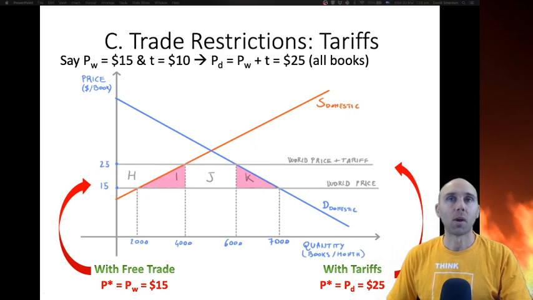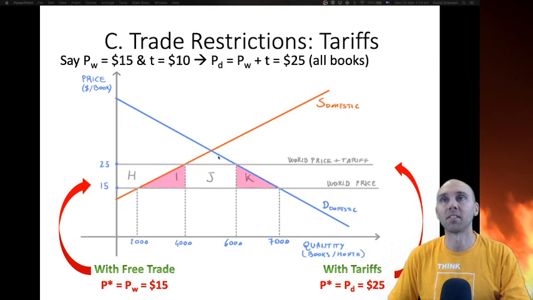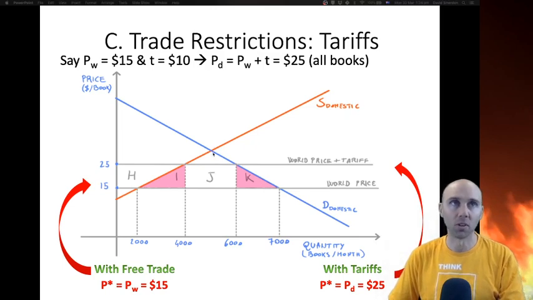Well, this is a situation where with free trade, the world price would be $15. We've seen this before. So this point here is not so important. That's what the domestic equilibrium would be in autarky without trade. What we're interested in now is comparing free trade, which we've just seen, to a situation in which the government imposes tariffs.